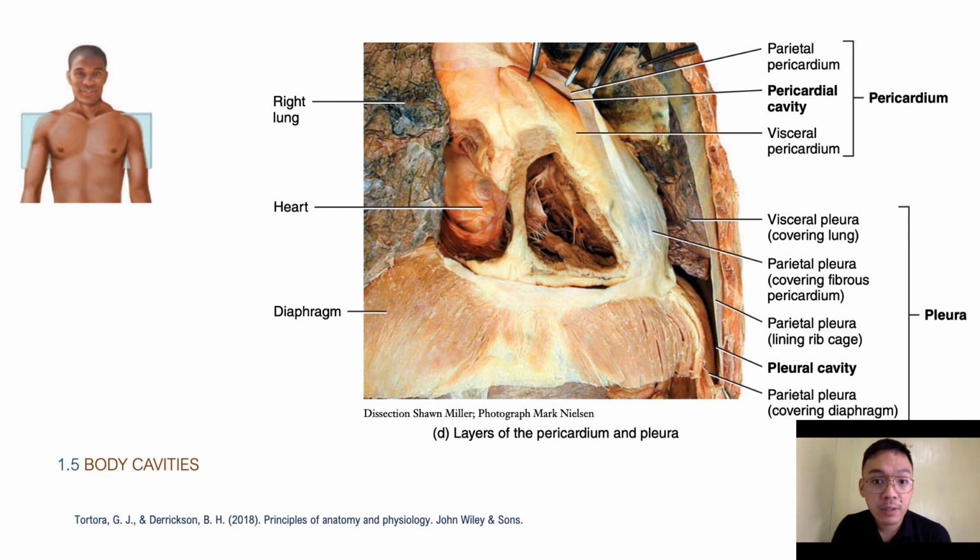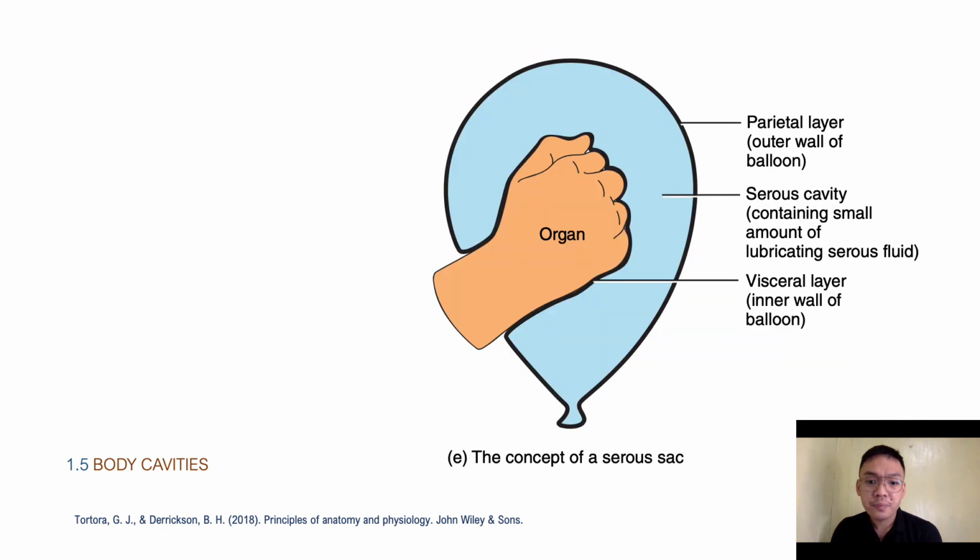The parietal pericardium, pericardial cavity, the visceral pericardium, your visceral pleura, which is covering the lungs, parietal pleura, which is covering the fibrous pericardium, the parietal pleura, which is lining the rib cage, and the pleural cavity. Okay, the lungs are inside the pleural cavity. Parietal pleura is the one that covers your diaphragm, that refers to as the pleura.